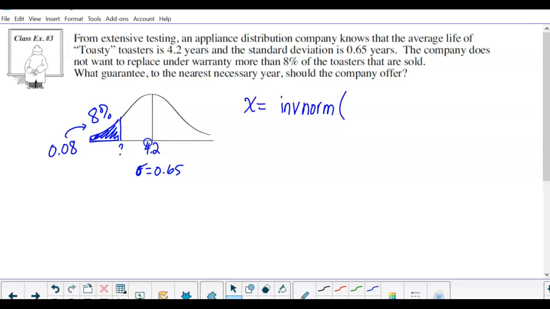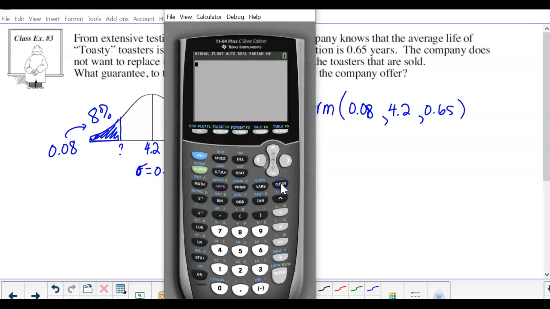Okay, the first value that you enter is the area starting from the left, unless you have a newer version of the calculator where you can tell which tail it is. In this case, it's the left anyway, so it's good for all calculators. And instead of 0 and 1, we put the mean number of years and the standard deviation. So what it looks like on your calculator, you go to number 3, inverse norm, and you put in the area.